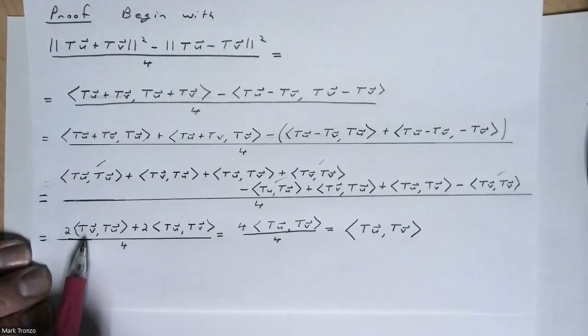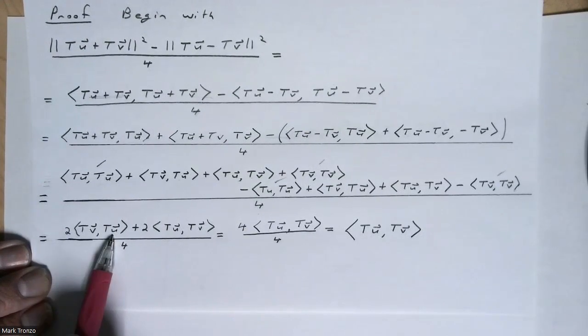And of course, because this is a real inner product space, we can flip these. Normally, we would flip these and do the conjugate, but since we're dealing with just real numbers, we can flip these, and that'll be equal to this.